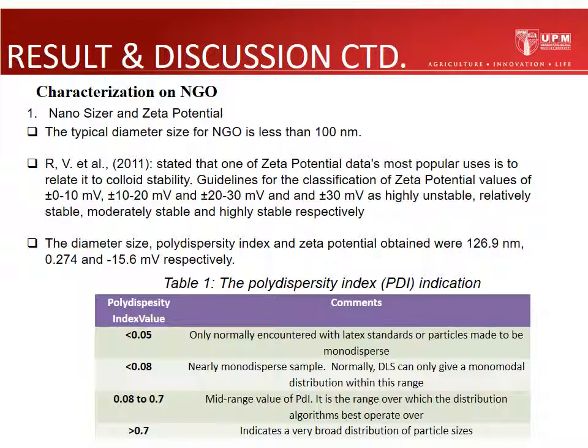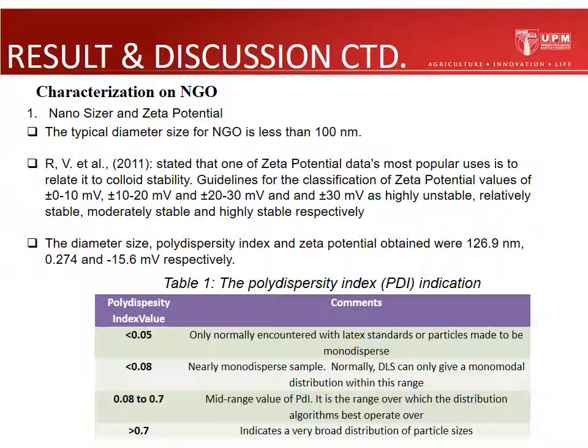Okay, so the result for nanosizer is 126.9 nanometer with 0.274 PDI. So it is good because the PDI should be in the range 0.08 until 0.7, because this is the best range to operate.